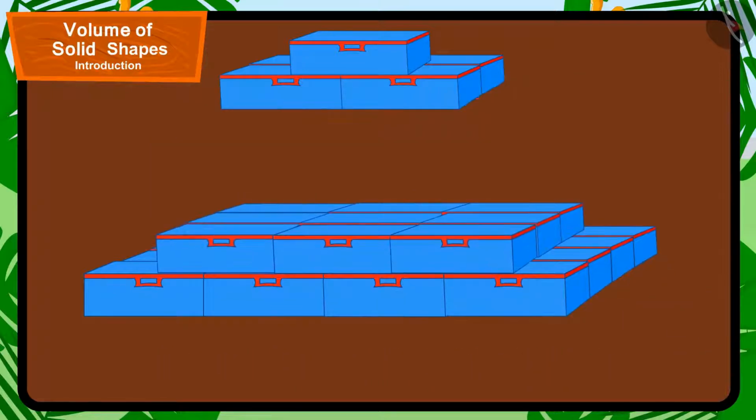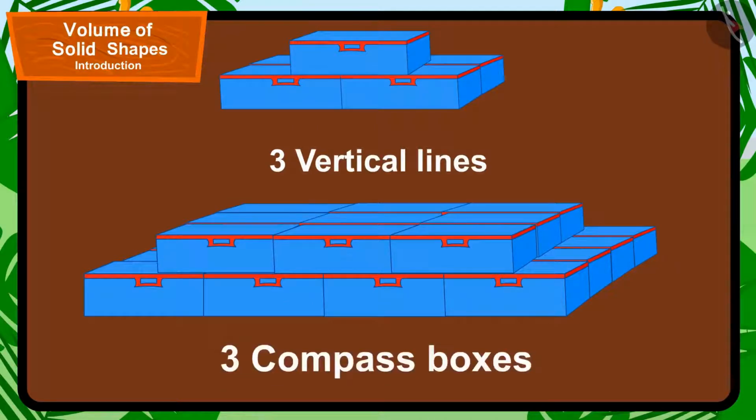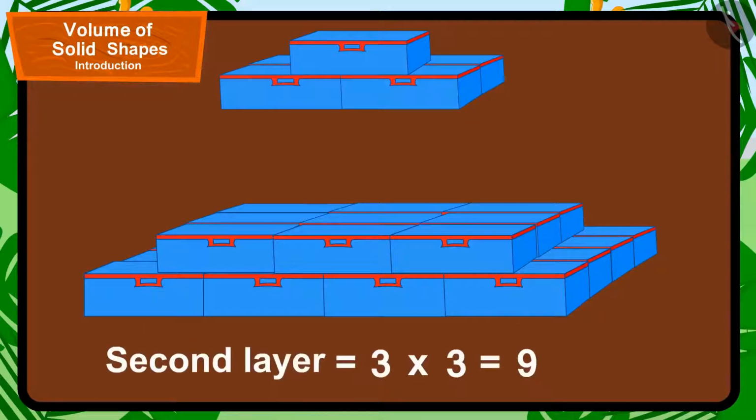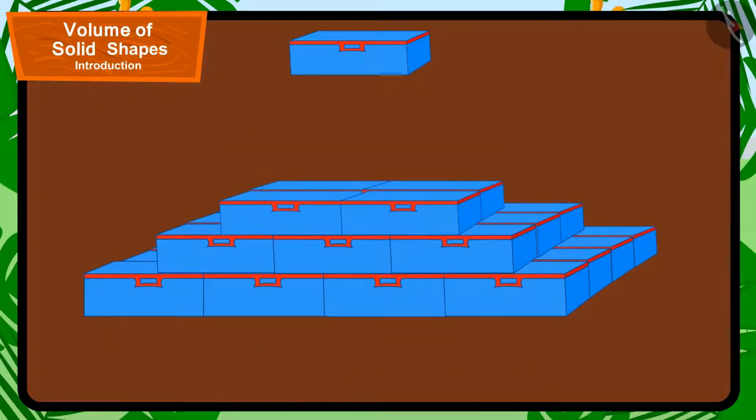The layer above it has 3 vertical lines and each vertical line has 3 compass boxes. This means the second layer has 3 times 3, that is 9 compass boxes.